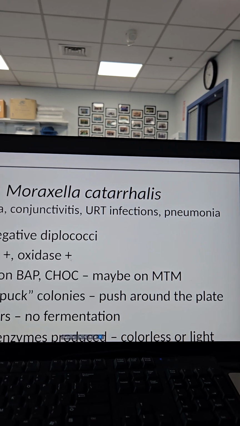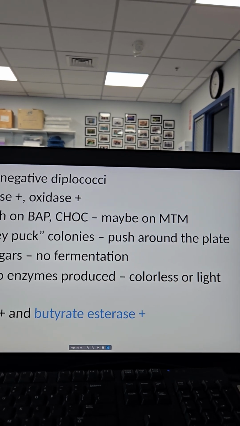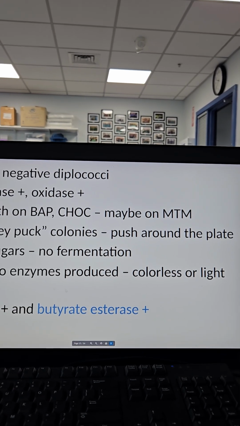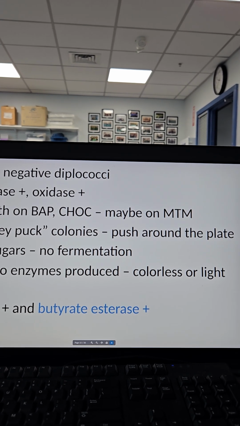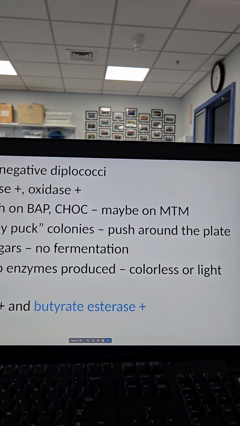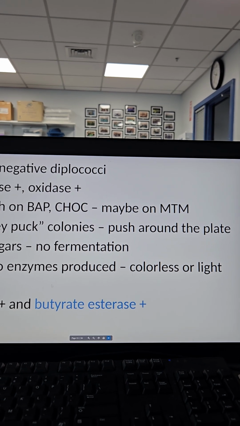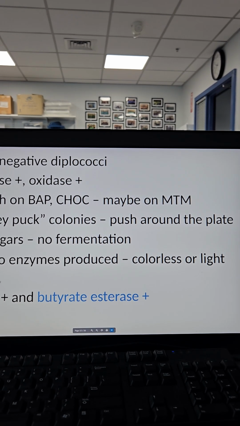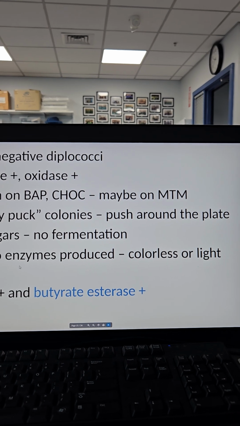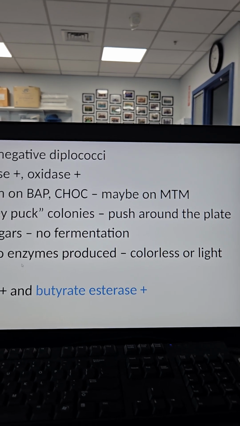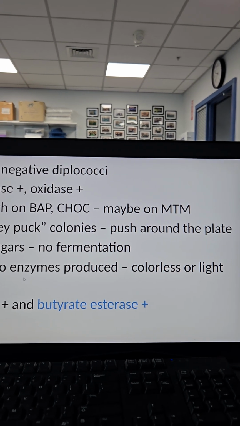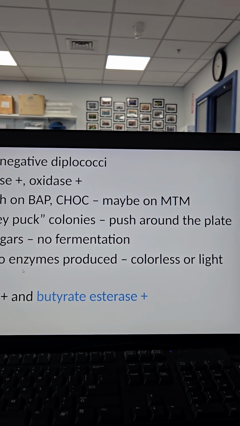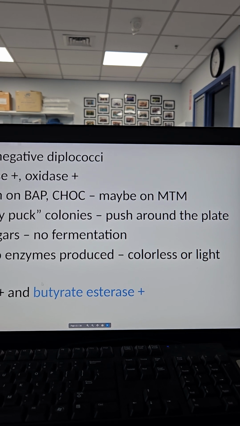Okay. And the Moraxella catarrhalis didn't have any fermentation, so it doesn't have the enzymes that will do this. It'll be a colorless or light yellow. One of the things that we commonly come up with here, because the PRO reagent that you add is pink, is that it looks like a really light peach color. So the peach would be this.